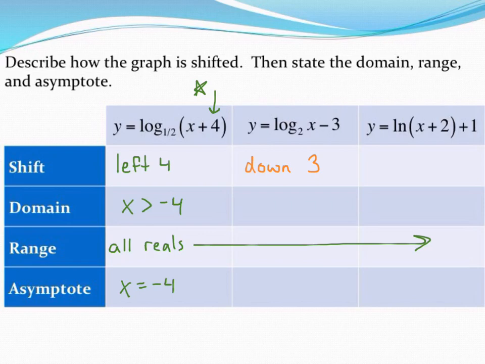The reason that I know that this is moved down is because it's a vertical shift. It's not in parentheses. In fact, if you want to add the parentheses in, put them just around the x. But that's what gets people. They think that -3 is in parentheses and they try to shift it left or right, but it's an up or down shift. And because it's just been shifted up or down, that domain and that asymptote have not changed. They remain where they were for our parent function, just at 0.